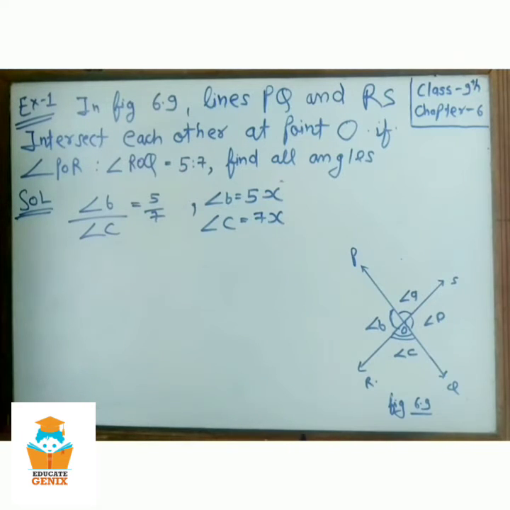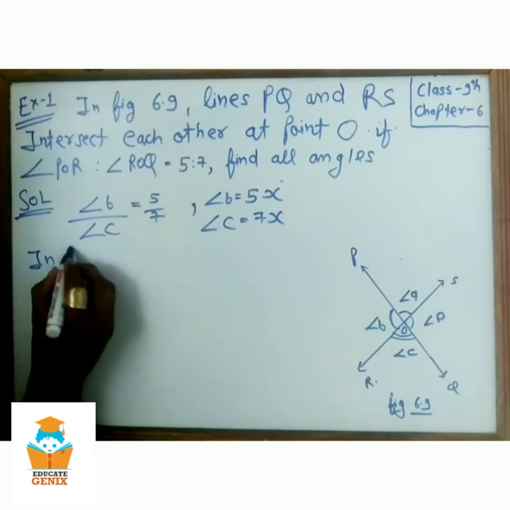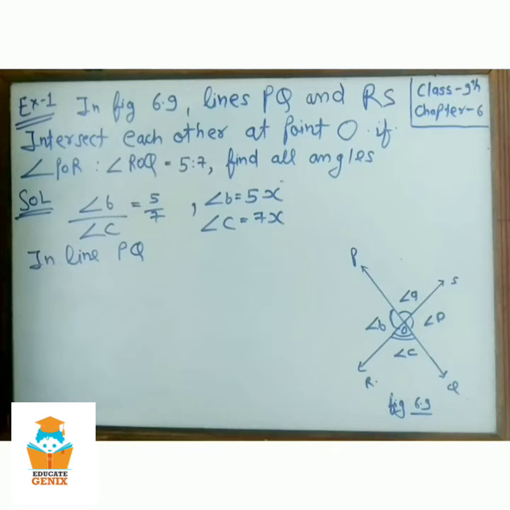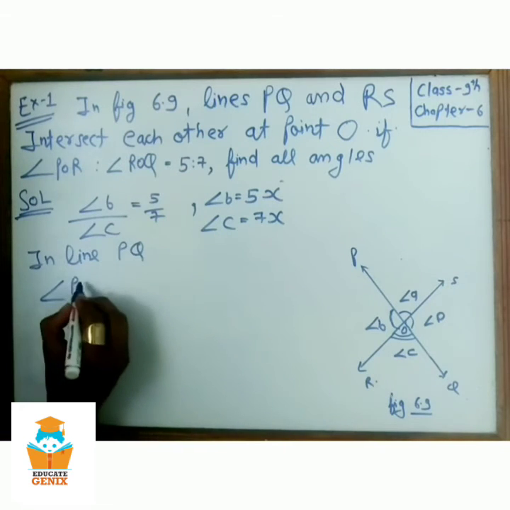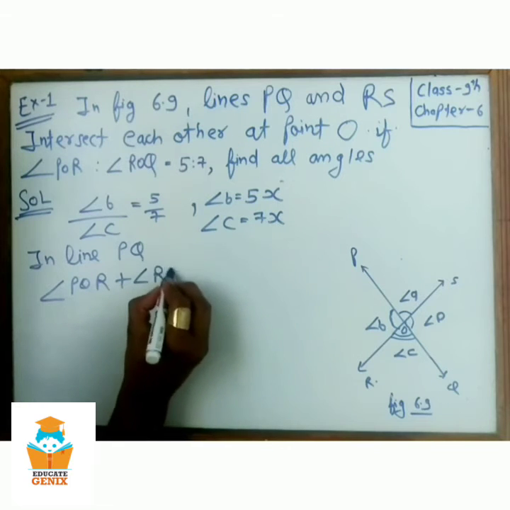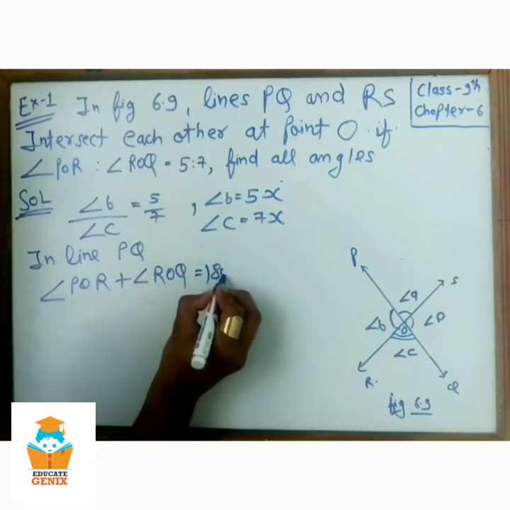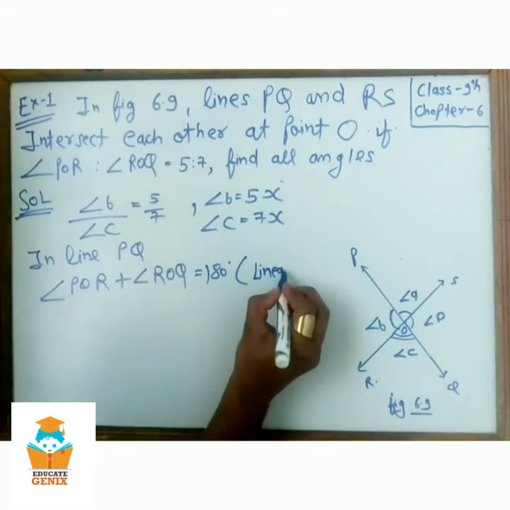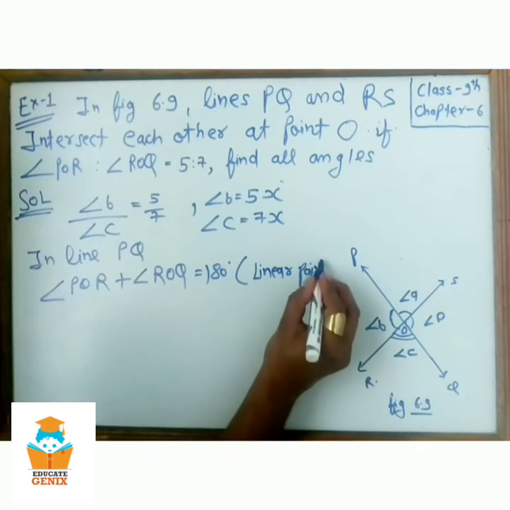First, we are going to take straight line PQ. In line PQ, angle POR plus angle ROQ equals 180 degrees through linear pair.